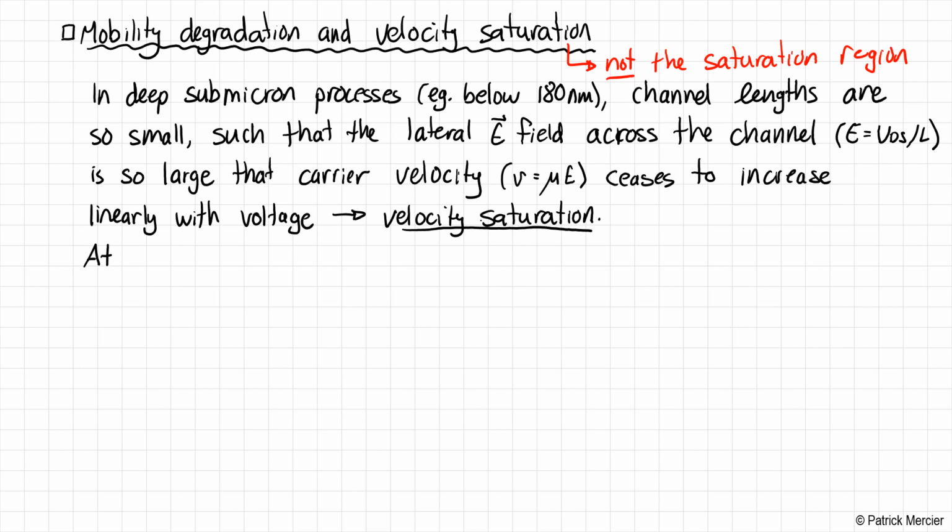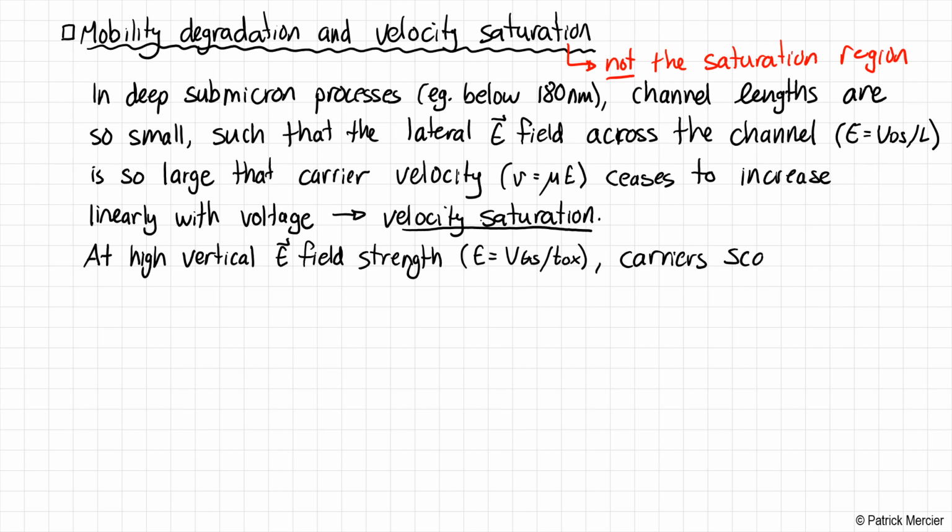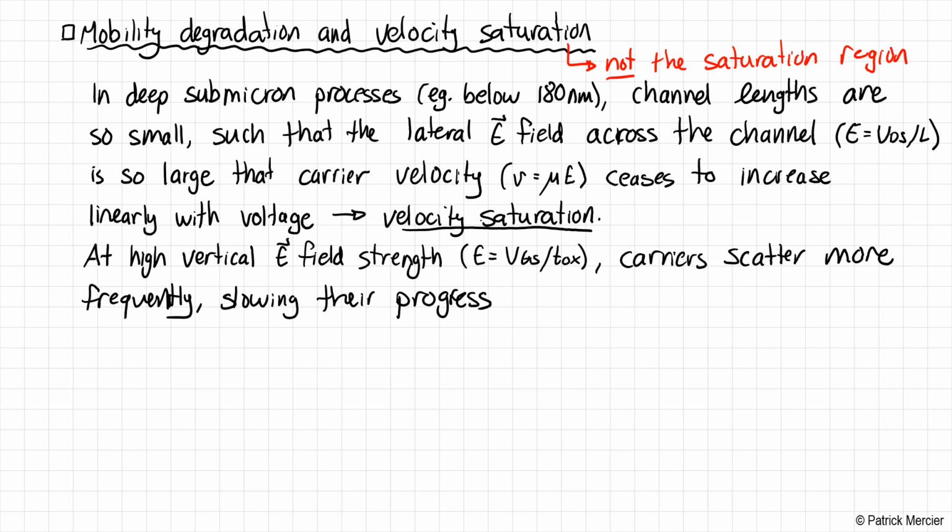We talked about the lateral electric field, but now at high vertical electric field strength, which is in this case given by E is equal to VGS divided by the gate dielectric thickness, what we say in this situation is that carriers scatter more frequently, slowing their progress. We call this mobility degradation.